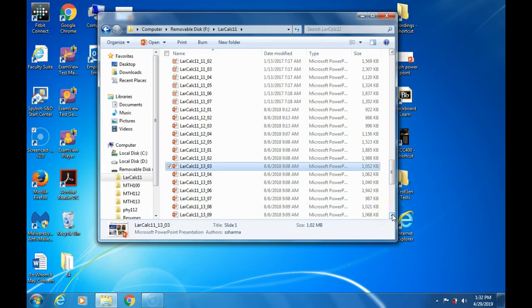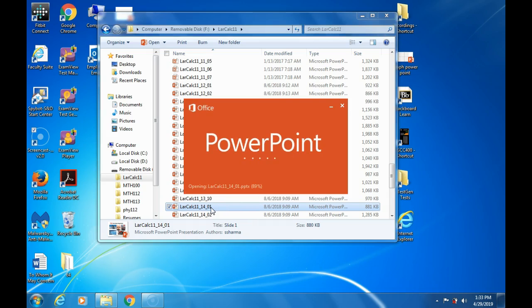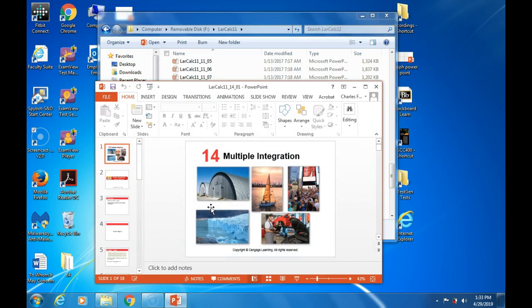Look at that. 13 has 10 sections. 14 has 8 sections. We're not going to get them all done today, but I wanted you to be exposed to it anyway. Okay? All right. We'll go from current slide.